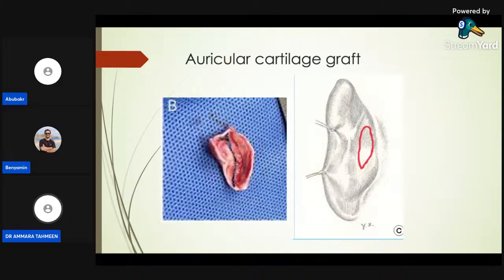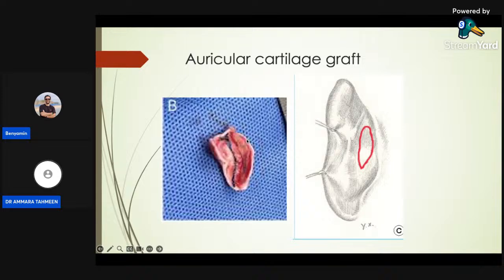It is placed between the socket and the sinus membrane, so it forms a barrier between the sinus membrane and your alveolar socket. Because it is non-vascular, it does not require any blood supply, so it has no chances of undergoing necrosis, and it forms a very thin barrier between the sinus membrane and the alveolar bone.